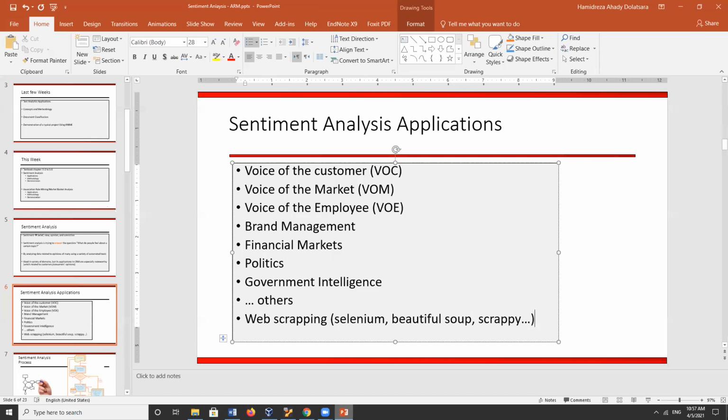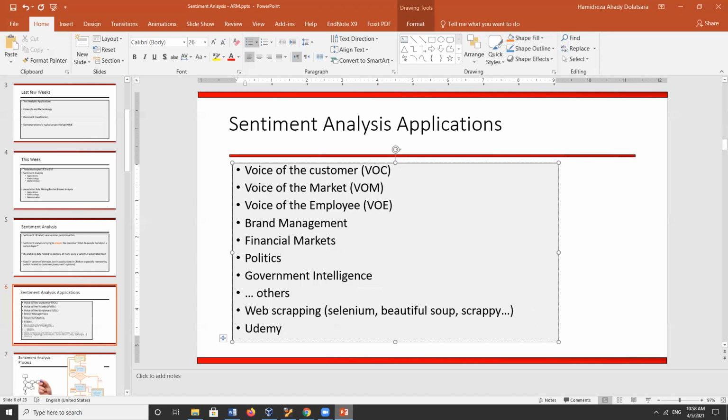So basically, instead of you reading the text documents or news from Yahoo News, Google News, you write some code to go to those websites, read the news, read the text, and give you some feedback. If you haven't done web scraping before, it's actually an easy one. You can find good tutorials. I think Udemy has a good course for web scraping. At the minimum, you should know these two packages, Selenium and Beautiful Soup.